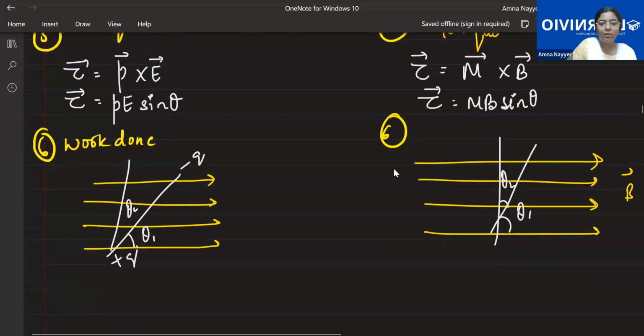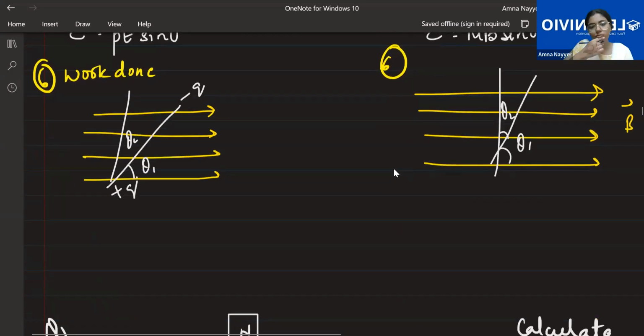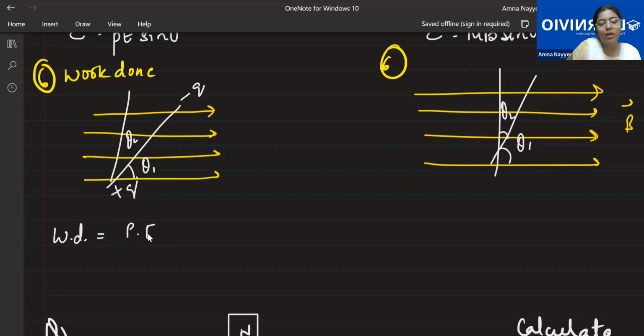Coming to work done. Formula of work done, tell me. Ma'am, I don't remember. Is it the same as potential energy, P cos theta? Yes, right. This is P dot E. If you remember, minus P dot E was the formula of work done, same as potential energy.